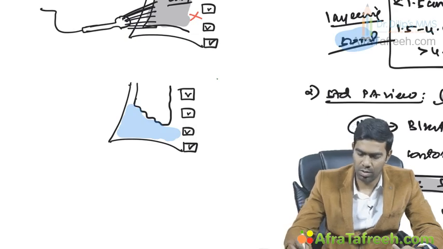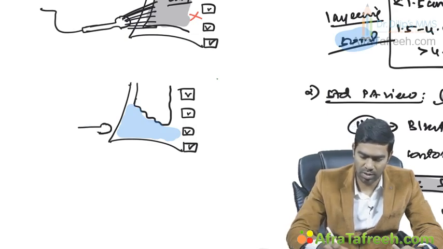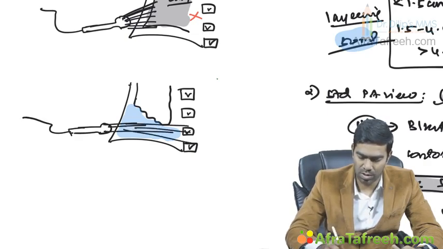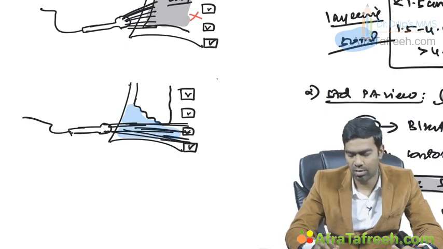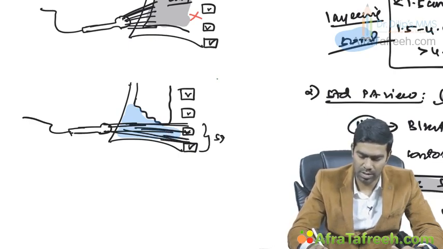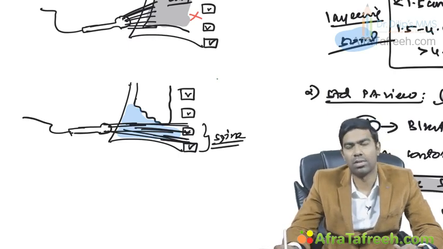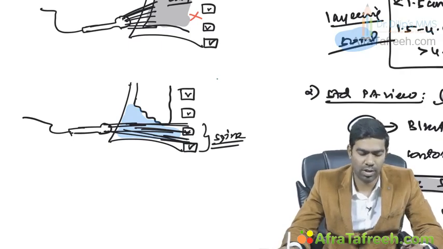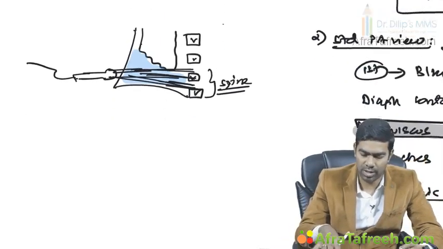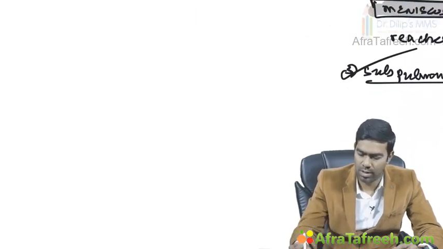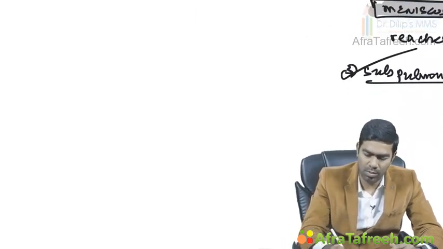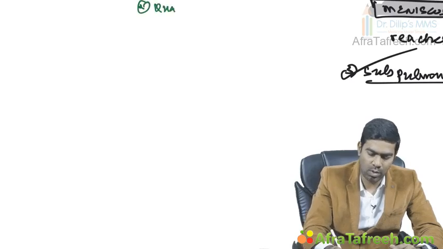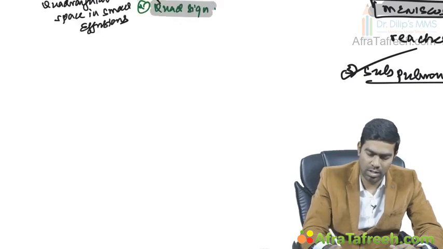When you do an ultrasound above the level of the diaphragm, this pleural fluid will transmit the ultrasound waves, and now you can clearly see the thoracic spinous process. This is what we call the thoracic spine sign, because fluid is an excellent acoustic medium, we all know that.